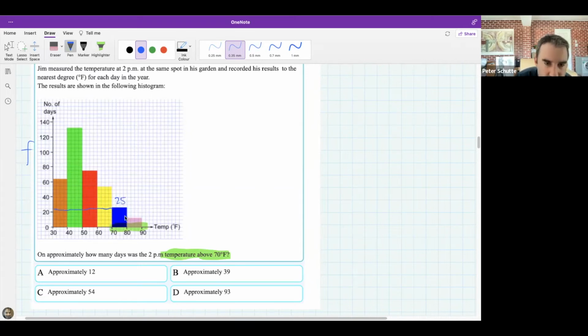And if I look at this one over here, it looks to me to be about, well, let's say about 15, somewhere around there, 14, 15. And so which of these options are going to be involved? Okay, so the correct answer is going to be B.